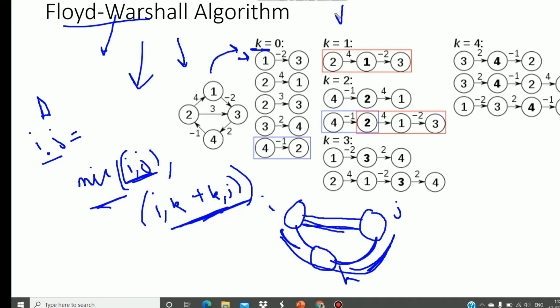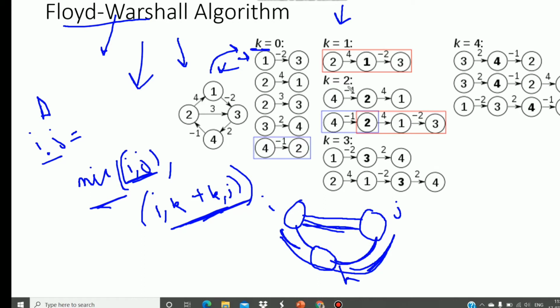Now at k equals 1, 1 acts as an intermediate vertex. So the paths in which 1 is an intermediate vertex will give the shortest path. In the graph, 2 1 3 is a path having intermediate vertex 1.